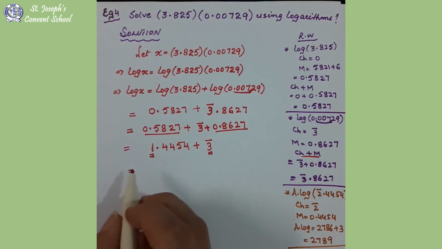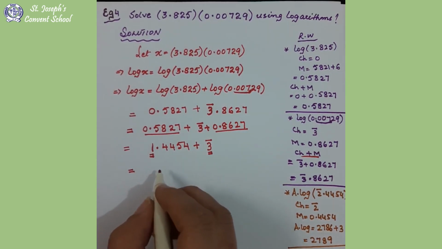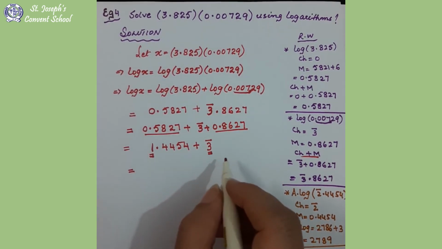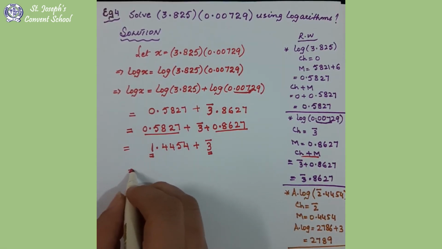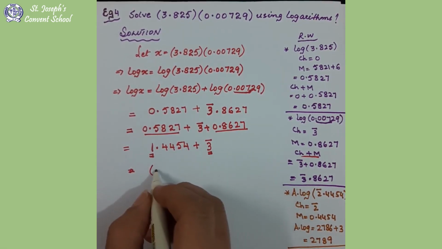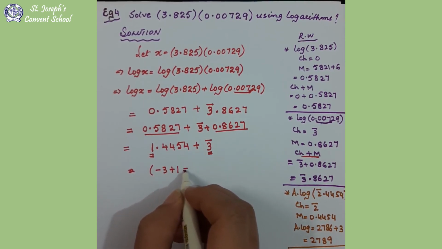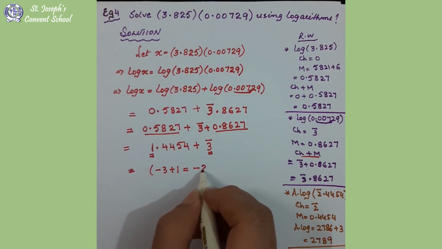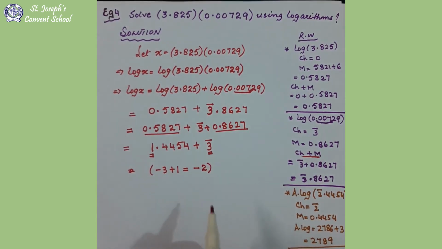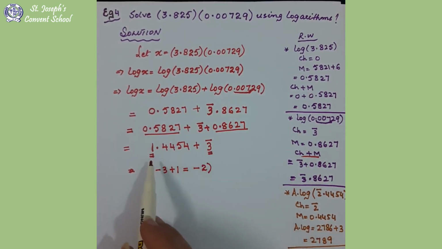Minus 3 plus 1. So what will you get? Let me write it here in the bracket. Bar 3 means minus 3 plus 1 is equal to minus 2, with the sign of the greater number. Okay, we have solved only this part and this part, the integral part. You will do this only in the bar question, the negative ones.